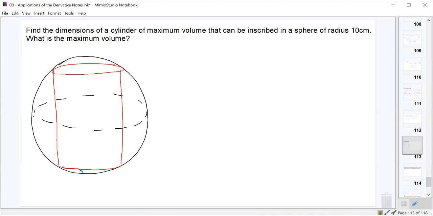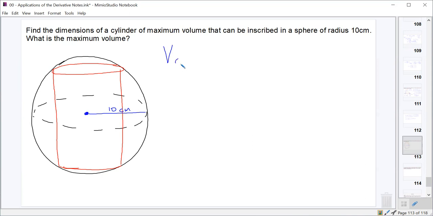And we're going to say that this sphere itself has a radius of 10 centimeters. This kind of problem is the one where we've got to get just a little bit creative with what we're doing. So first off, we're looking for the volume of a cylinder. And again, we know how to find the volume of the cylinder, right?